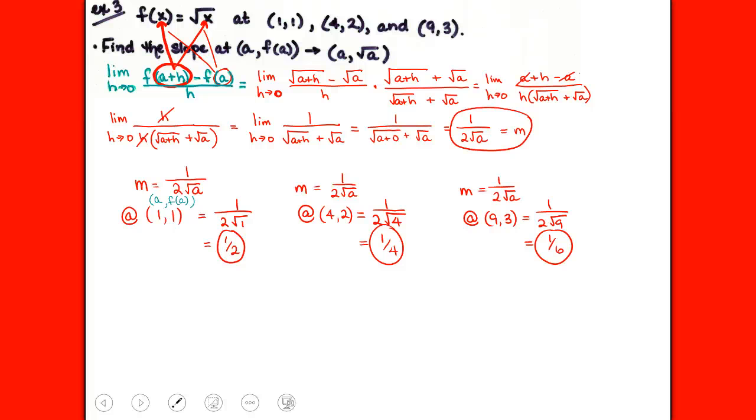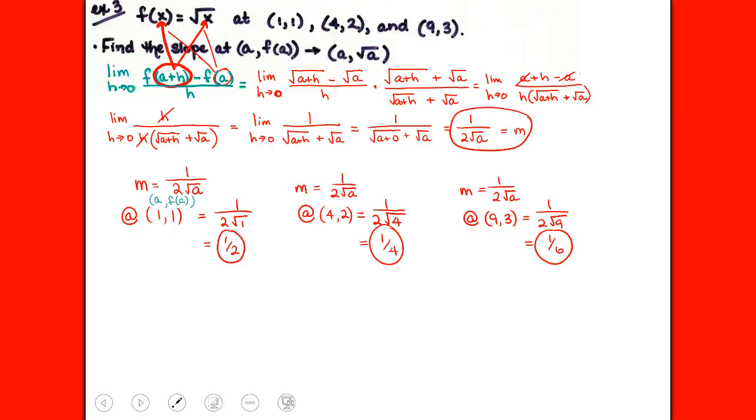So if they ask me to evaluate the slope at just one point, I absolutely am going to plug the number in from the very beginning like we did in examples 1 and 2, because I'd much rather work with numbers than letters. It simplifies faster. But if they ask me to find the slope at multiple points, unless you want to go back and do all of that work 3 times over to get the 3 different slopes, what you can do is, instead of plugging in a number for a, just leave a in there.